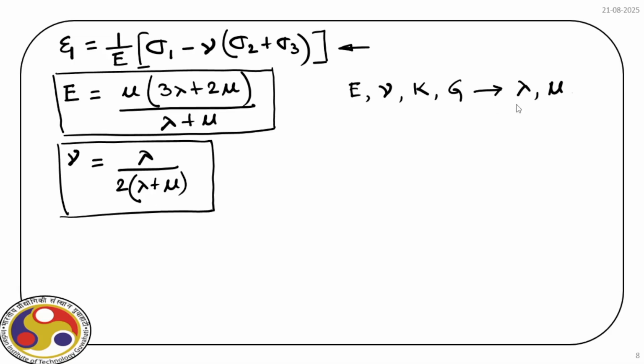Now we can use these two Lame's constants, and within this homogeneous, elastic and isotropic framework, we can correlate stress and strain very easily using these two constants. And using these two constants, we express all the other constants that we are familiar with.